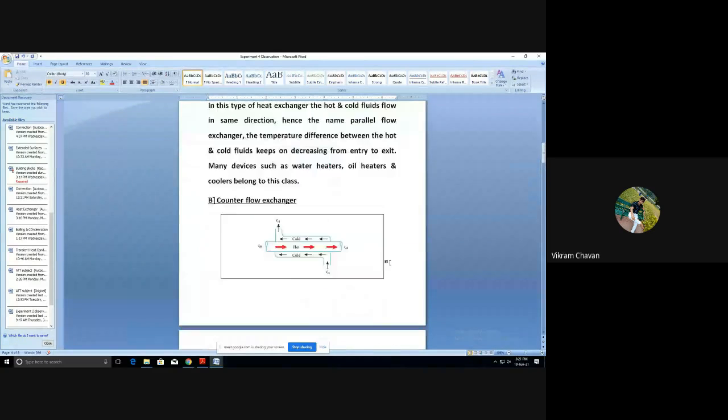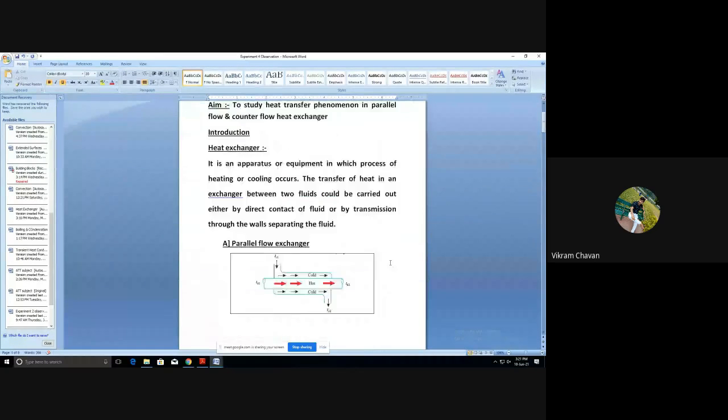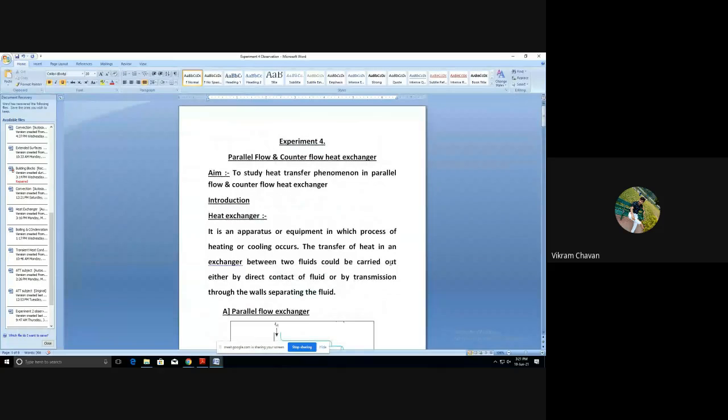You can write that much only for experiment number 4, and submit it to your respective teachers: for A division to me, and for B division to Shashikant Jadhav sir. I have not shared the submission forms yet. After completion of all the experiments, I will share them, and you have to submit the complete experiments in one PDF file.